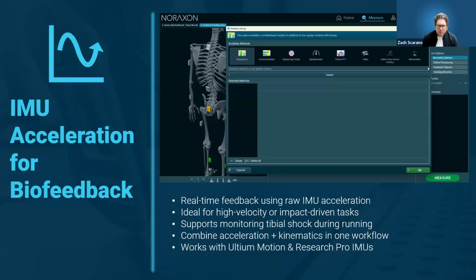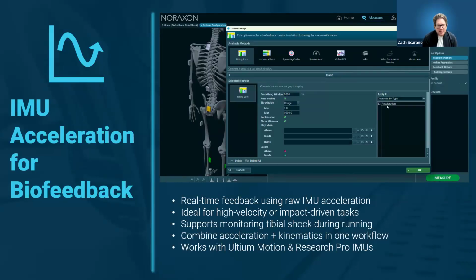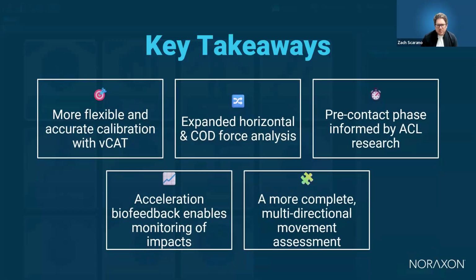And so, with VCAT, the change of direction analysis, the pre-contact phase, and the acceleration biofeedback all in place, let's just quickly pull this together for a summary of what this release really delivers. So, to summarize, I just want to highlight a few key takeaways in terms of what this means for your day-to-day work.